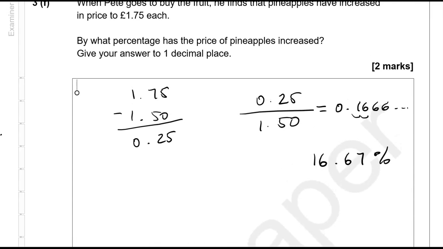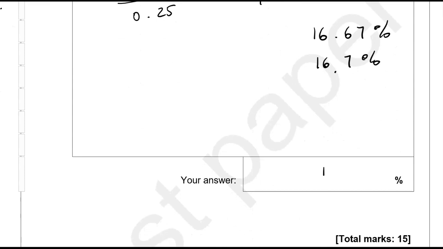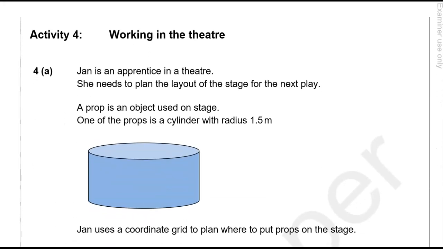Oh, actually the answer needs to be to 1 decimal place. So we're going to do 16.7%. So it's always worth checking what the question is asking.